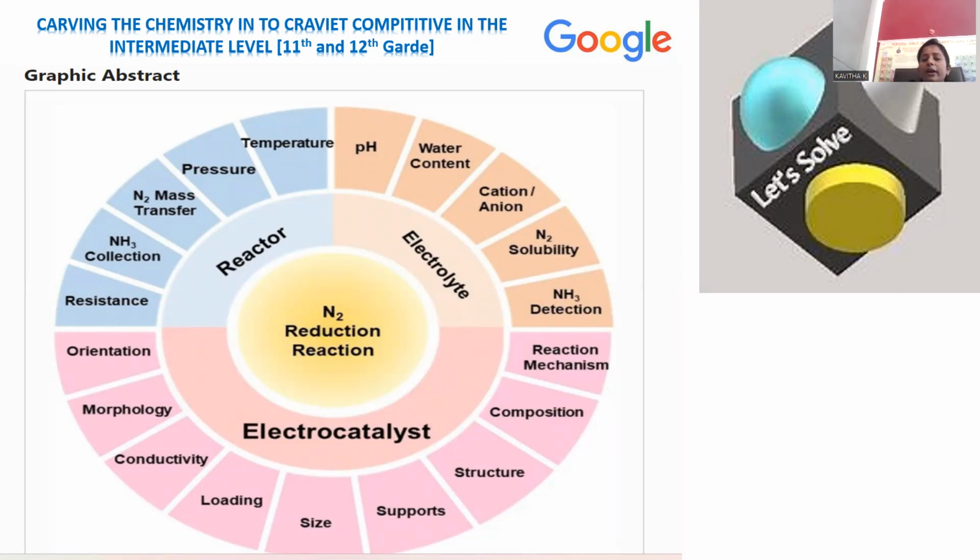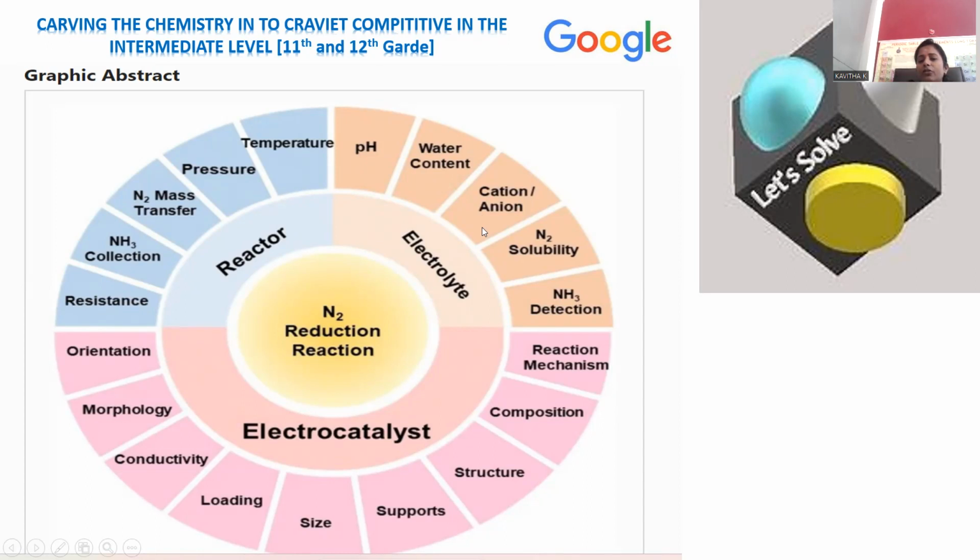So these are the requirements we have, and there are certain conditions we need to follow in order to reduce nitrogen into ammonia. For the reaction conditions, an optimal temperature is required and pH must be properly maintained. Ammonia being basic, a basic pH is required here, and water can be taken as the electrolyte, so we are applying aqueous conditions.